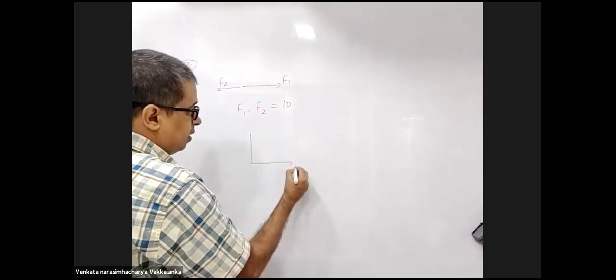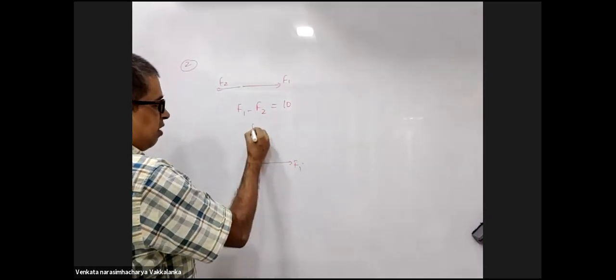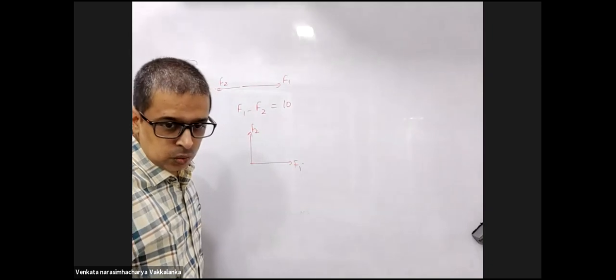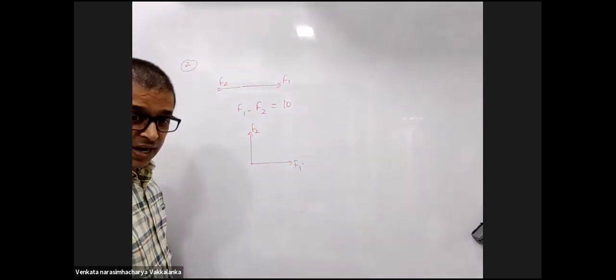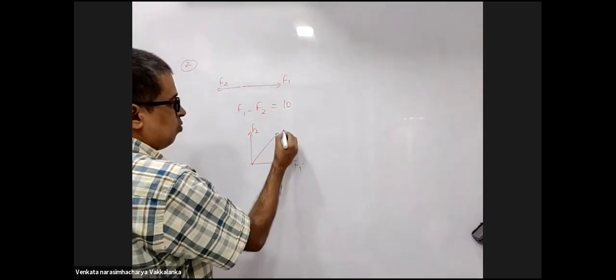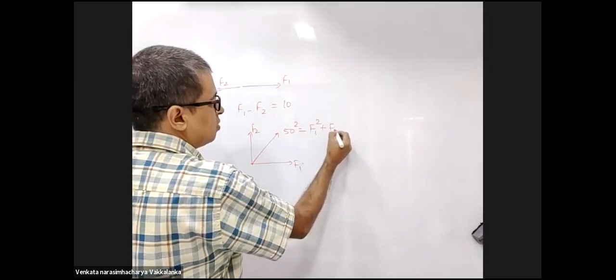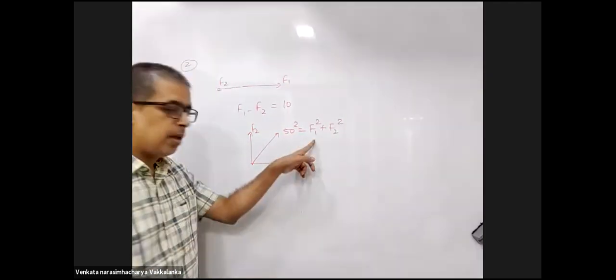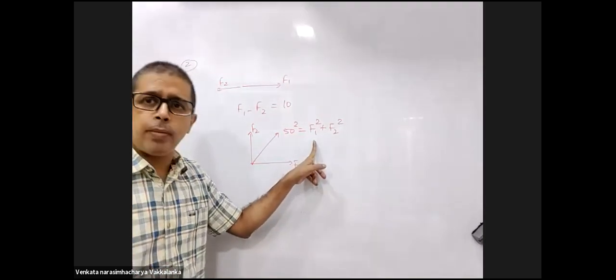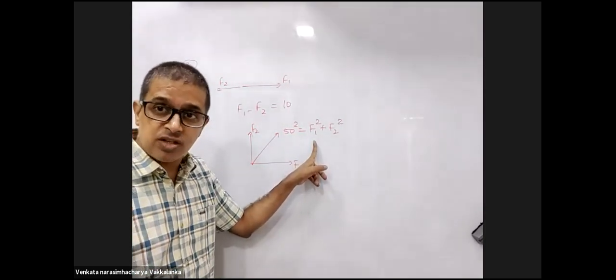If they act at right angles to each other, F1 and F2, the resultant is found to be 50. So 50 square will be F1 square plus F2 square. Parallelogram law or Pythagoras theorem, anything will do, it's the same.